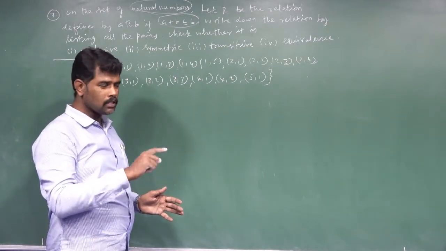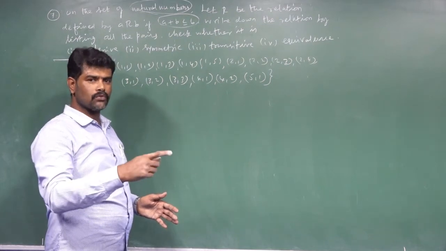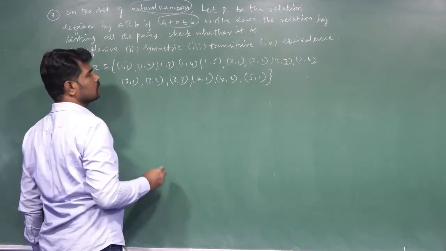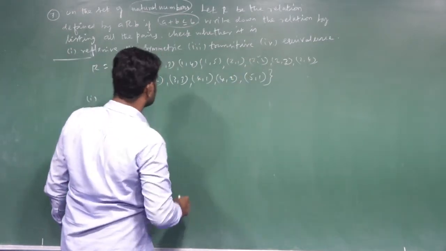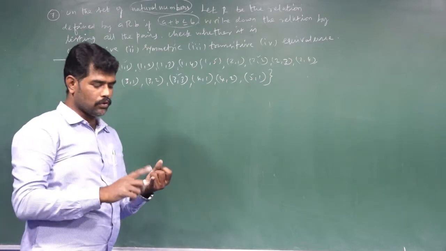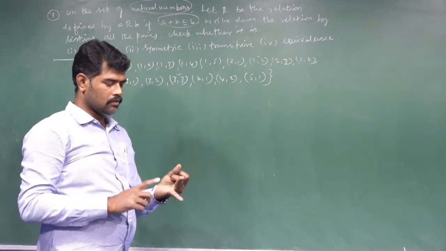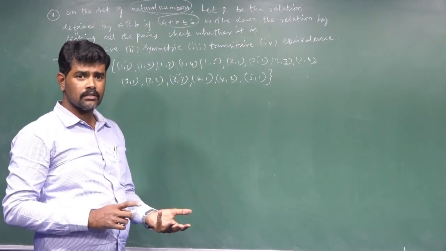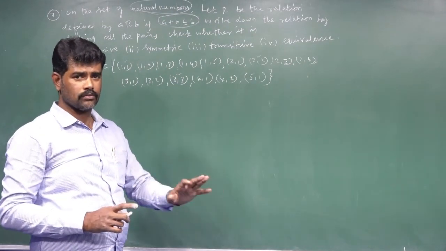The pairs 1 1, 2 2, 3 3, 4 4, all should be there. 1 1 is there, 2 2 is okay, 3 3 is also okay. But which two are not here? 4 4 is not here, 5 5 is not here. So it is not reflexive.